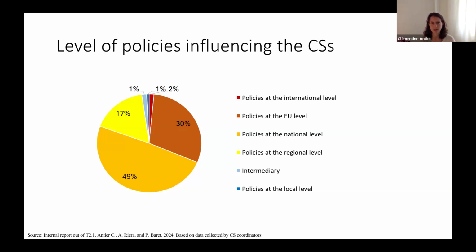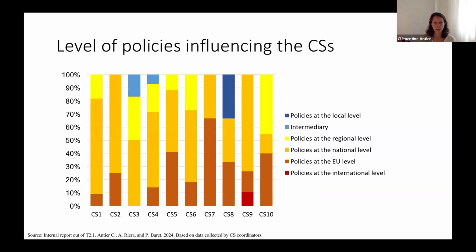That's mostly from case studies who have a quite wide scope and long value chains. And then there are also a few policies at the local level. But overall, you see that case studies are really embedded into a network of policies. So that's definitely an important aspect to look at when we discuss the transition process within these case studies.